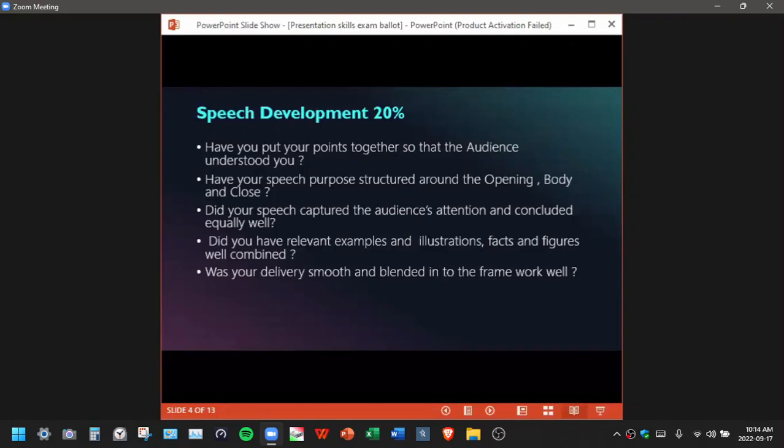For all those things, you will be getting marks out of 20.